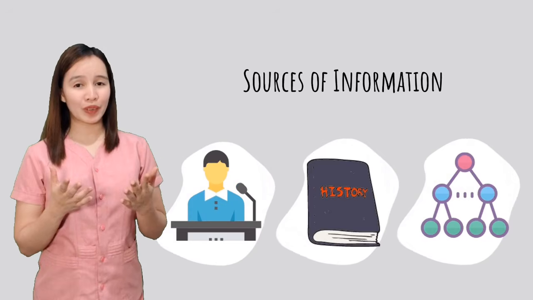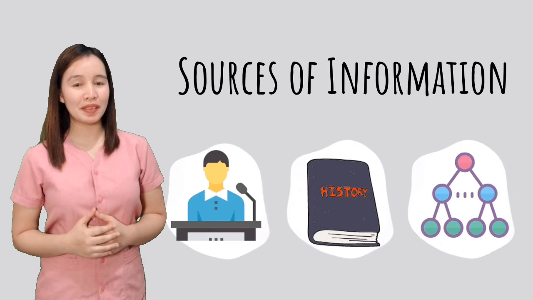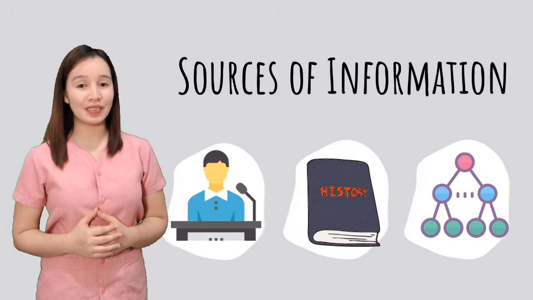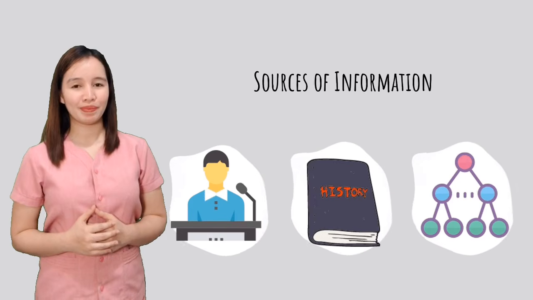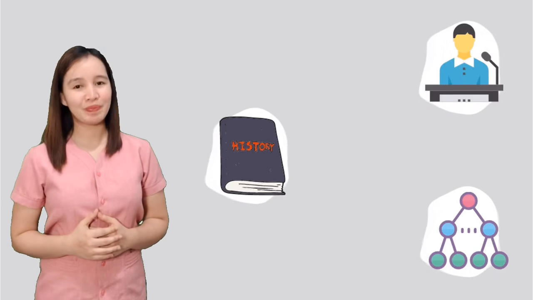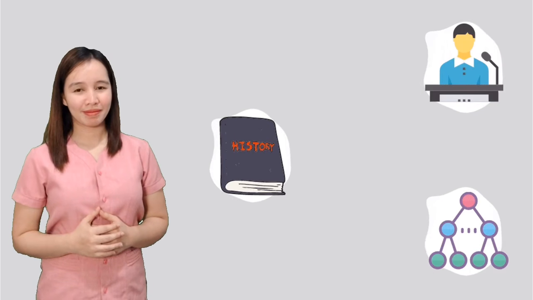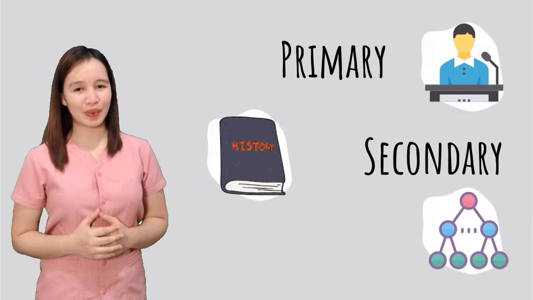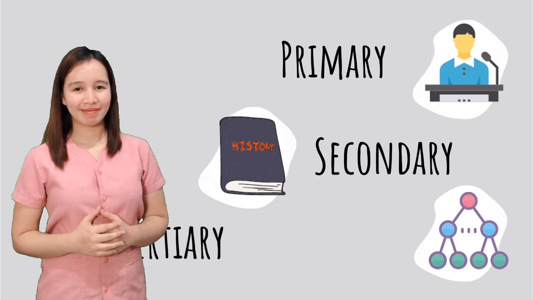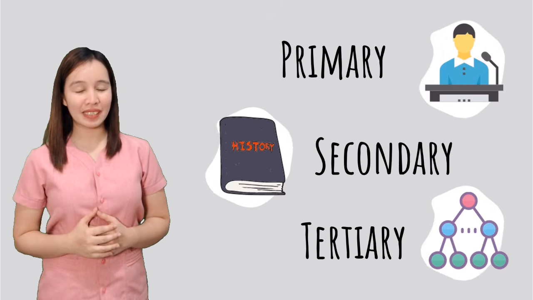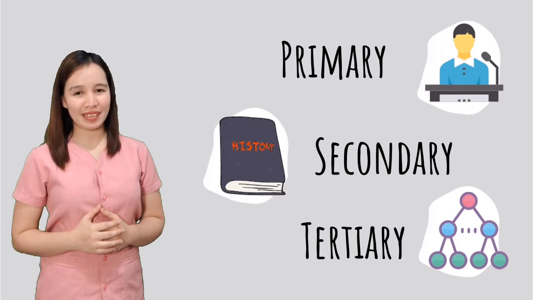There are various sources of information that you may use in finding significant details and data in your everyday life. Sources of information are classified into primary, secondary, and tertiary source. The context of information presented in a source is helpful in classifying information.